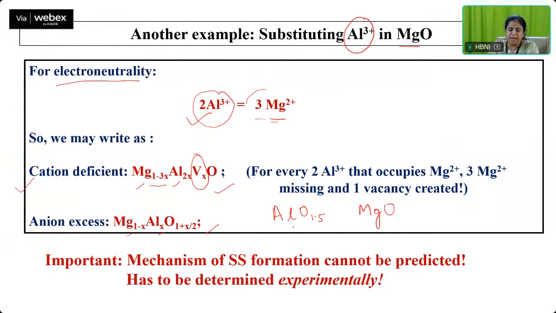So every aluminium that goes inside MgO takes along with it 0.5 oxygen extra. So X aluminium will take X by 2 oxygen extra, and that is how the formula is 1 plus X by 2. Okay. This I have repeated many times, that the mechanism of solid solution formation has to be determined experimentally.